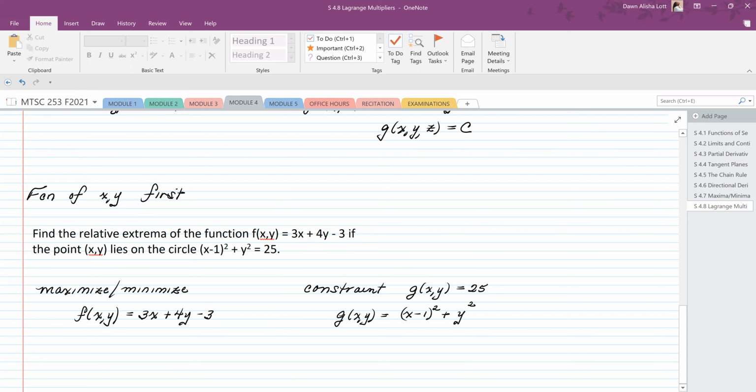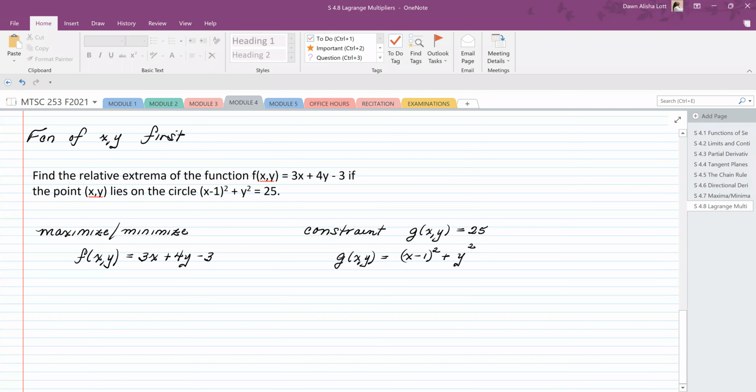Okay, so now we need to find the gradient of f. The gradient of f is the partial of f with respect to x, the partial of f with respect to y. And the gradient of g is the partial of g with respect to x, the partial of g with respect to y.